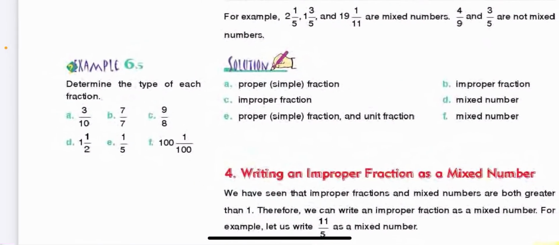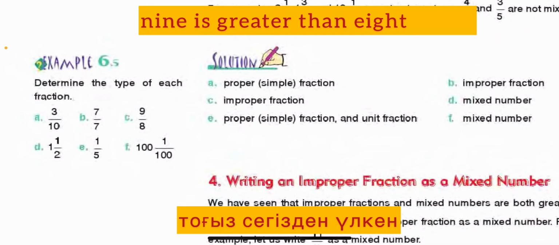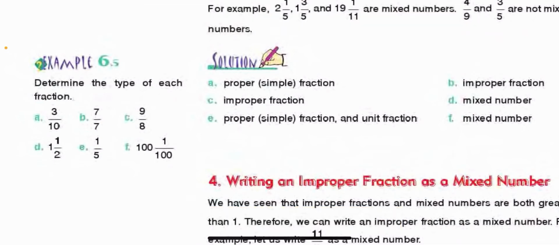In this example, we determine which type of fraction these numbers are. First number, 3/10, is a proper, simple fraction. 7/7, improper. 9/8: 9 is greater than 8. That's why it's called an improper fraction.